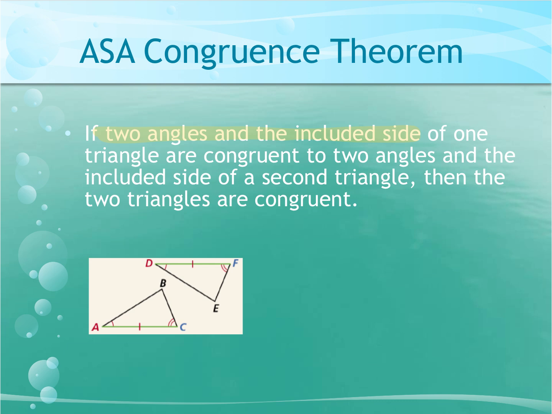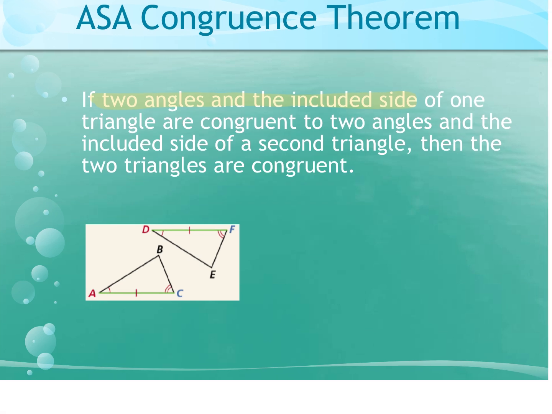If I were to write a congruency statement, looking at this one, understand where I'm getting this information from. I have my first angle, I then have my side, and then I have my second angle, which is on the other side of my side.